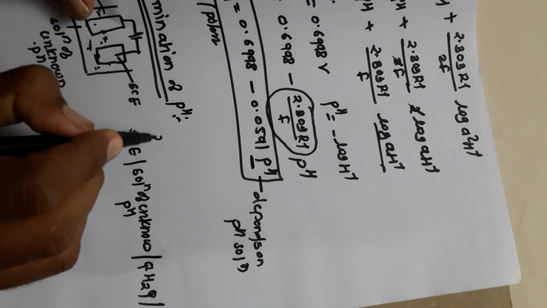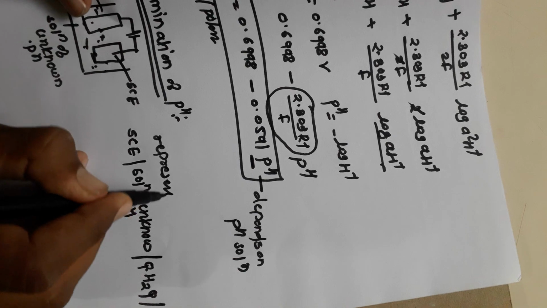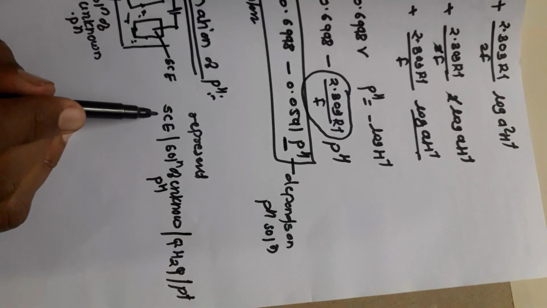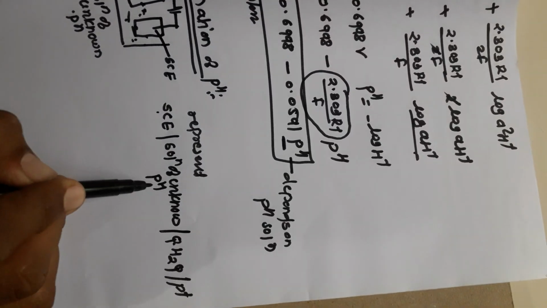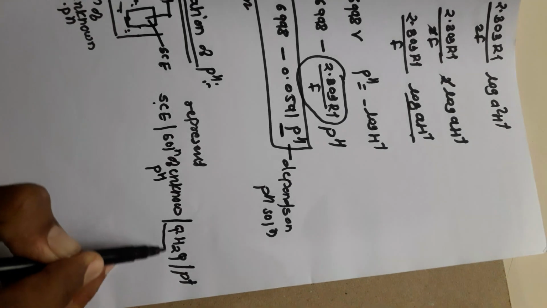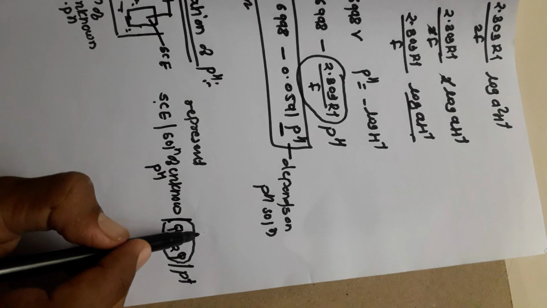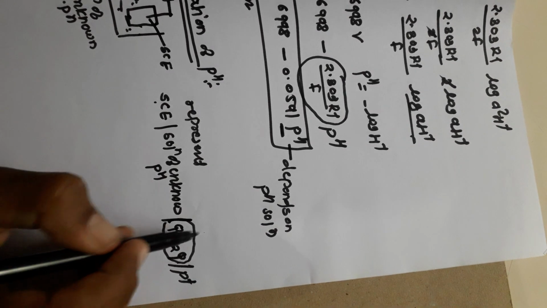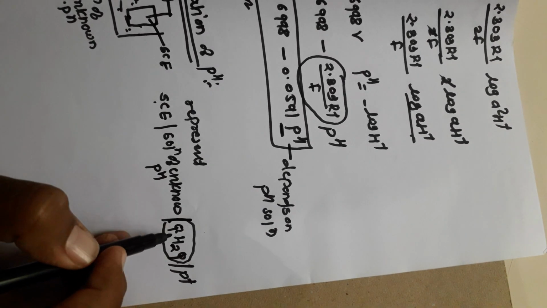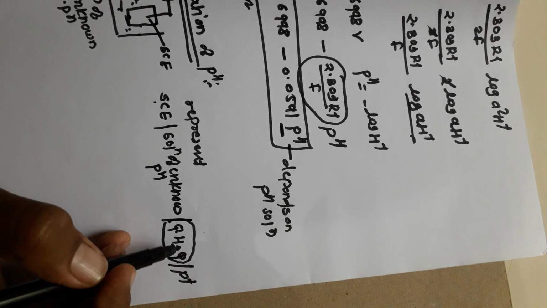This is the representation of the cell. Here the quinhydrone powder is used, which is the given quantities of quinone and hydroquinone.